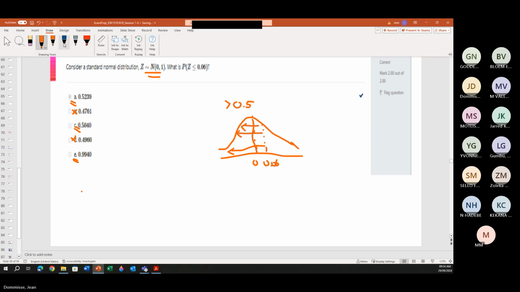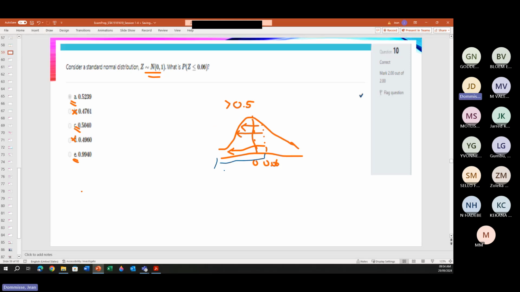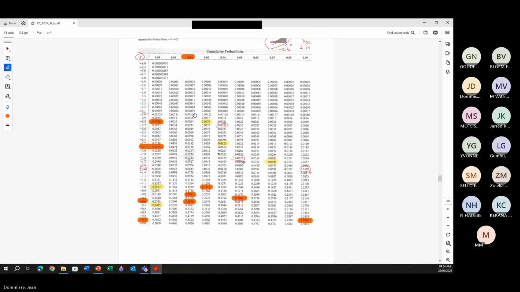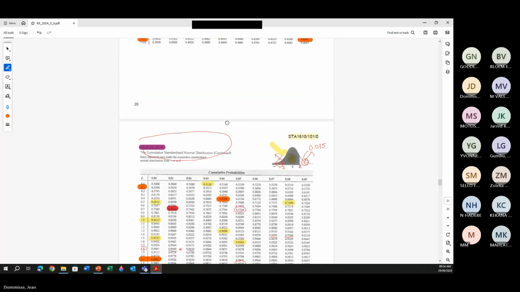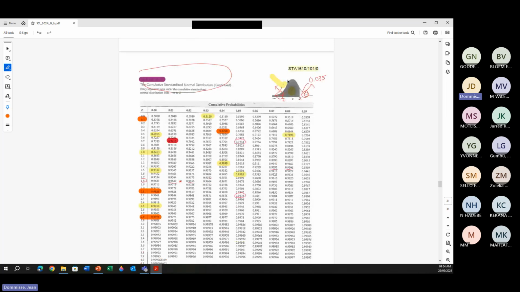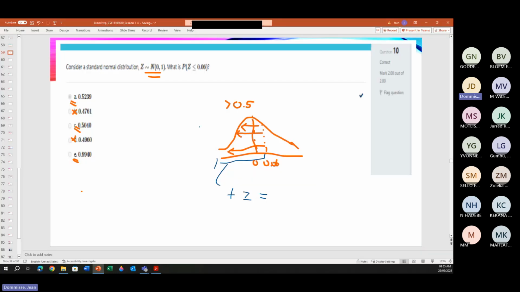Okay, so then we want to get that area. So this is spot on the area if we look at the positive Z table of 0,06, and there we can see we're looking for that area 0,06. Let's just make now 100% sure.